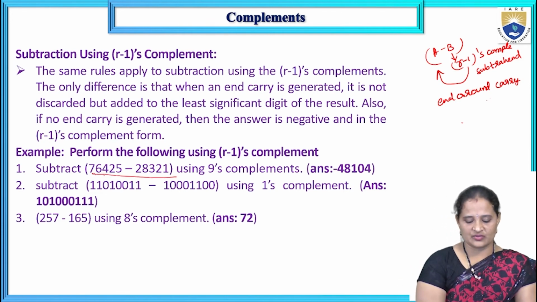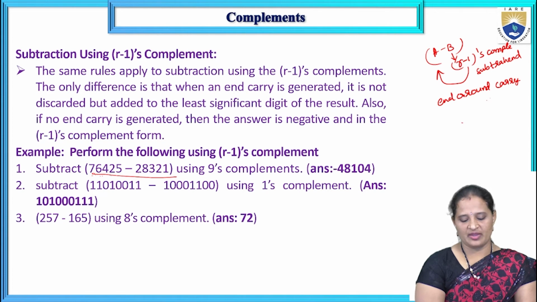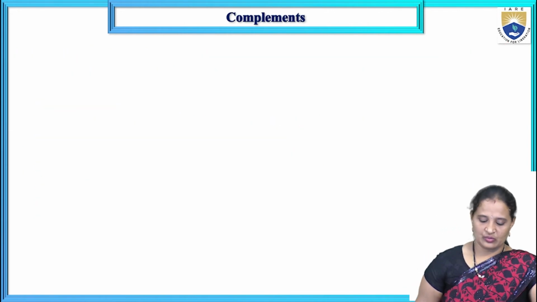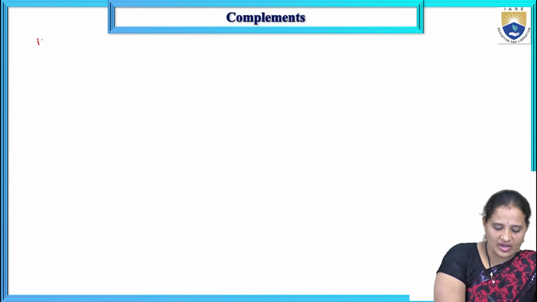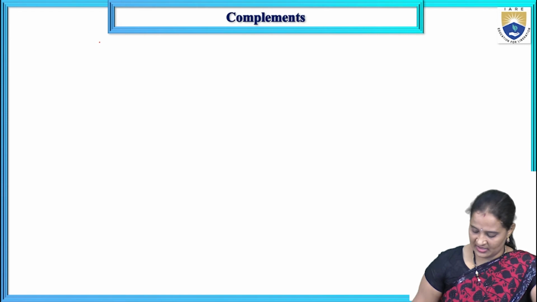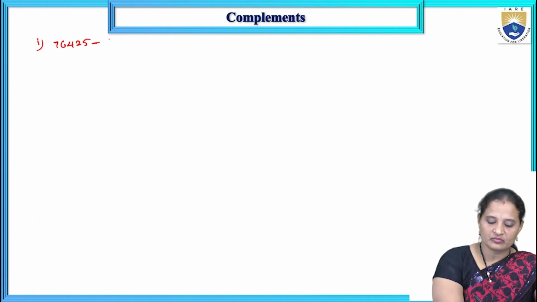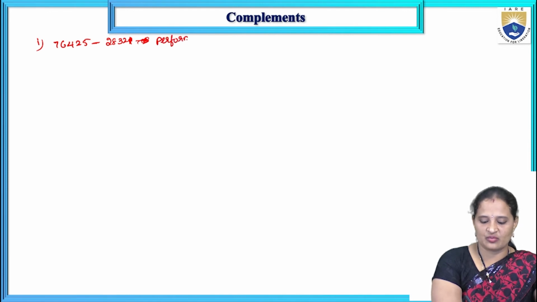Now let us take this one, 76425 minus 28321. We'll perform the subtraction using 9's as well as 10's complement. So let us try to do this one. The question is: 76425 minus 28321.